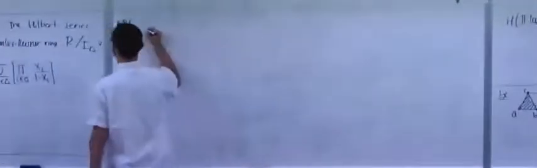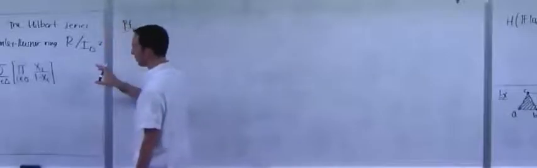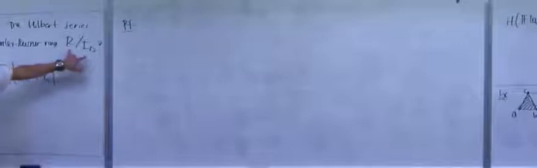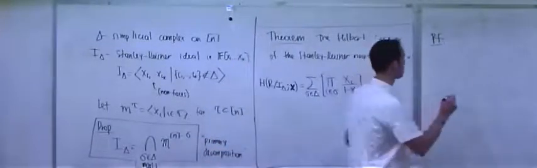So proof. How do we do this? Well, basically what we're going to do is actually not so different from what Macaulay told us to do, which is that we want to measure this guy in each dimension, R mod I. And so what we're going to do is that we're just going to say that a basis of this guy is given by the monomials that don't live there.